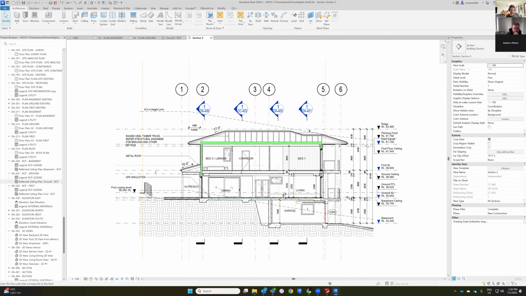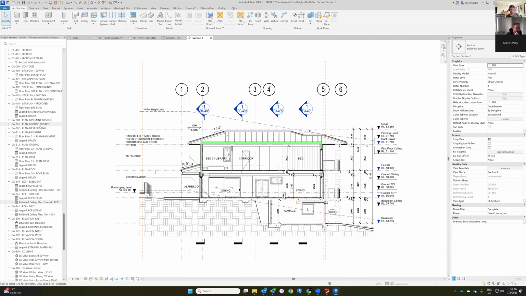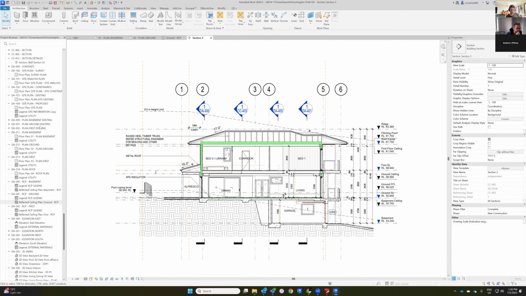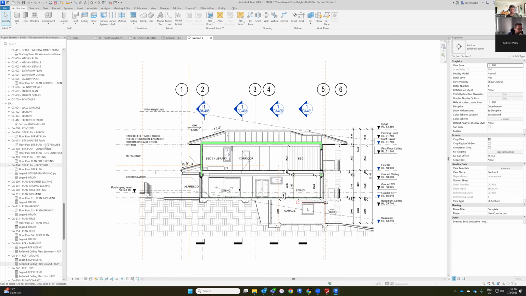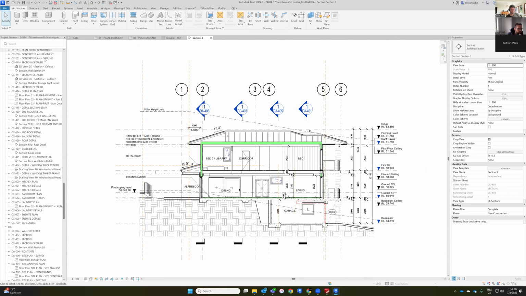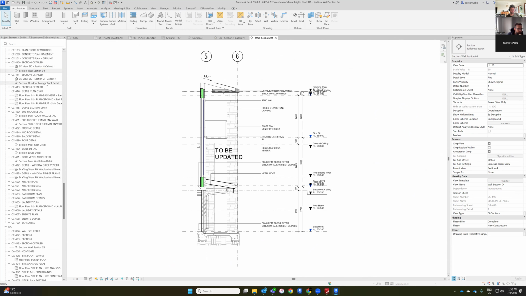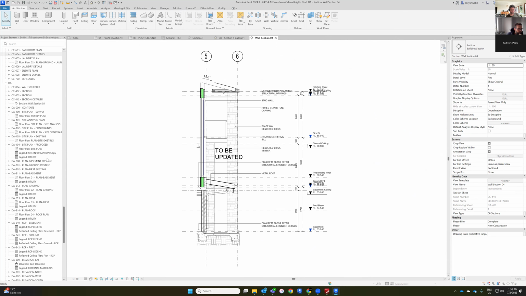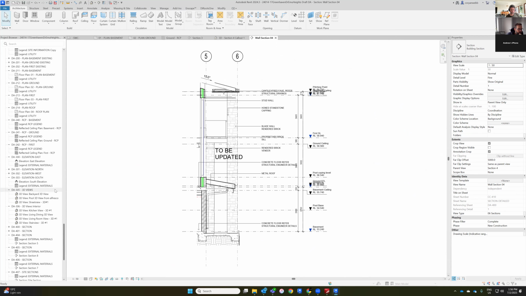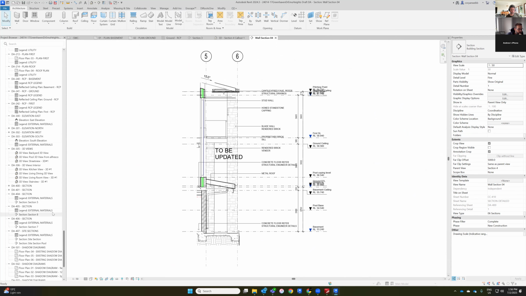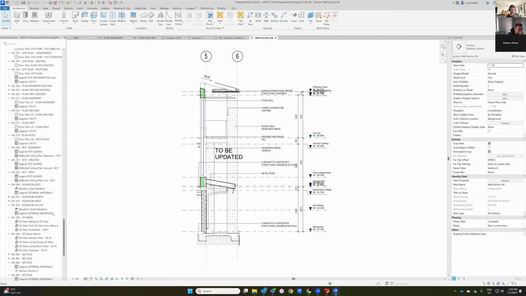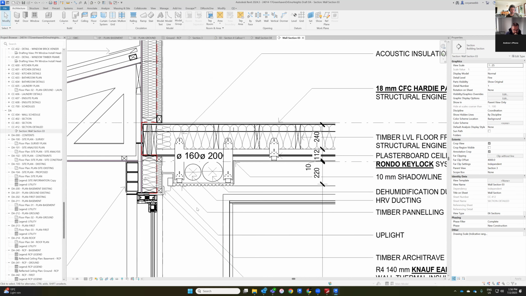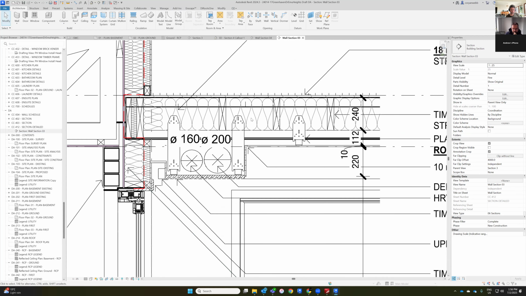If I just go to this section, it shows the detailed section. Yeah, so this is the detail through that area.